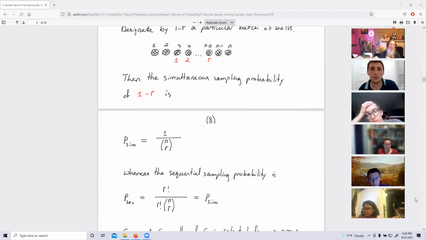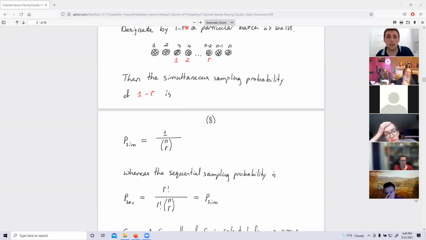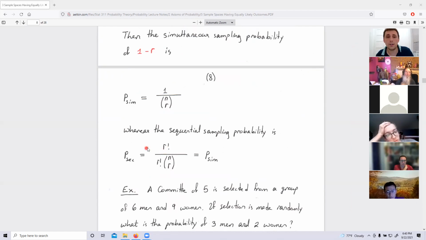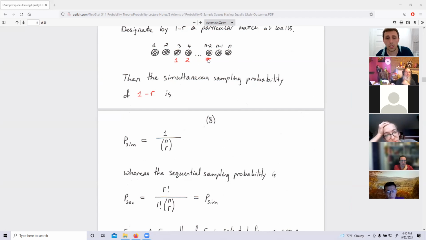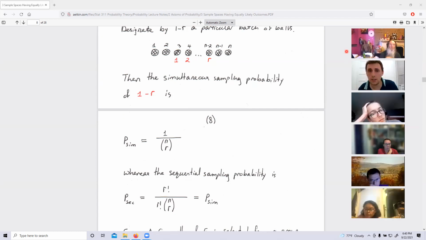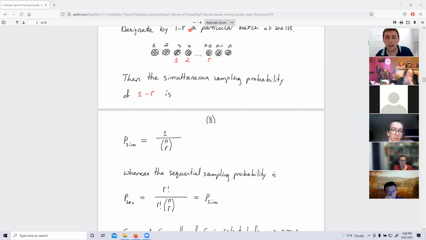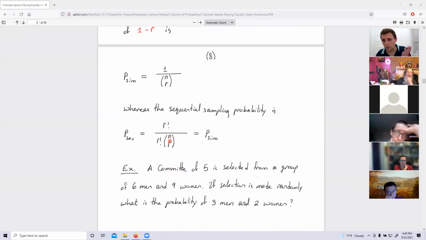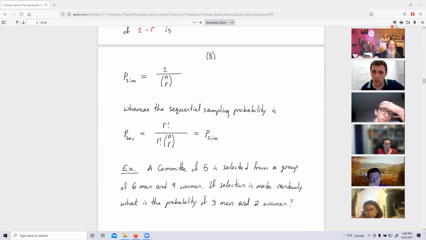Yes, now what is the probability if I did it sequentially? If I did it sequentially, now to pick balls numbered 1, 2, 3 to R means that I could have picked them in any order. There are R factorial ways of picking them up. Right, and if I picked any other grouping of R, I could have picked them in any R factorial way. So N choose R times R factorial represents picking in order, and you can see that the R factorials cross out.